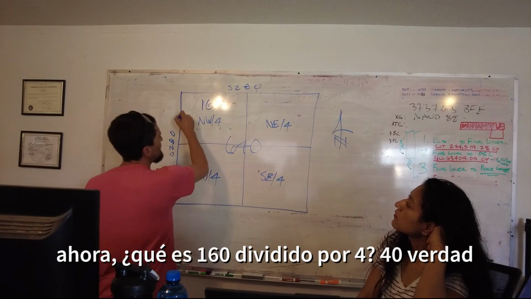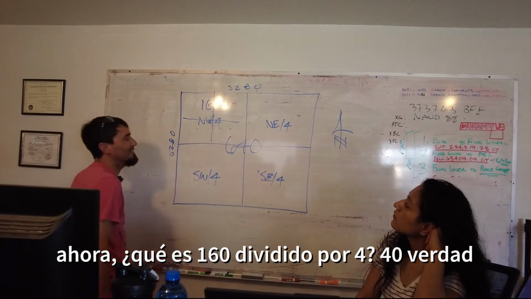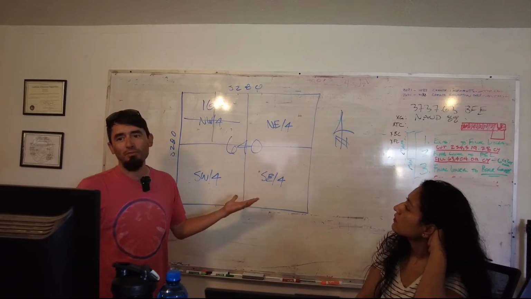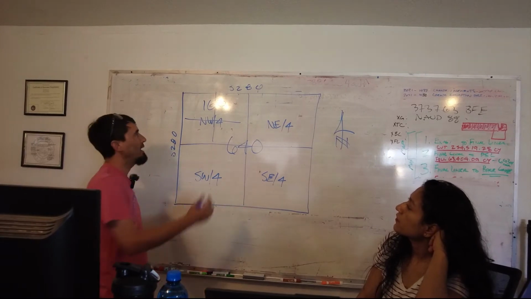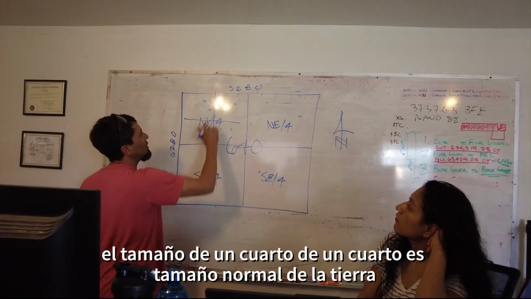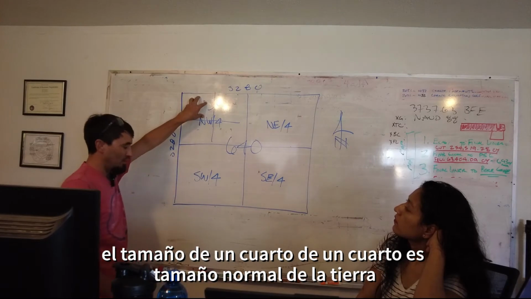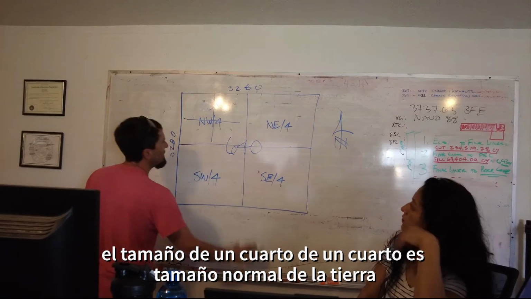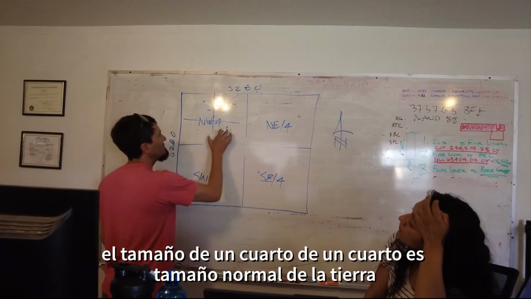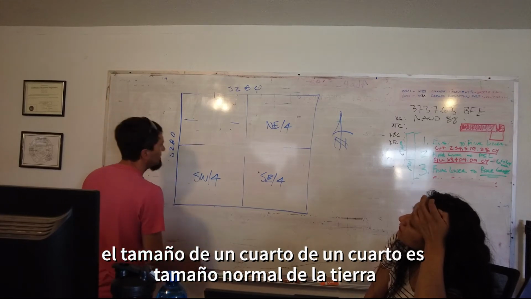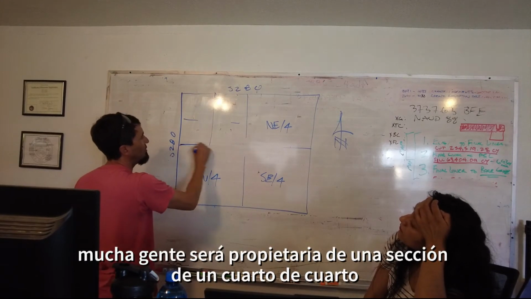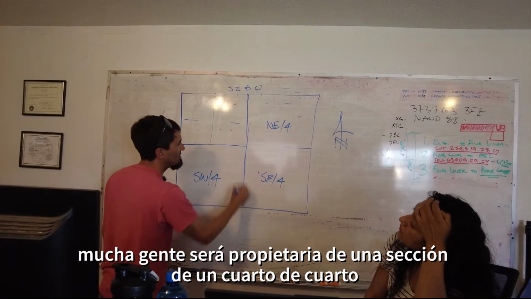Well, and then what's 160 divided by 4? What's 16 divided by 4? 4, right? So each quarter, and this quarter size is a very normal size of land. Lots of people will own a quarter section.